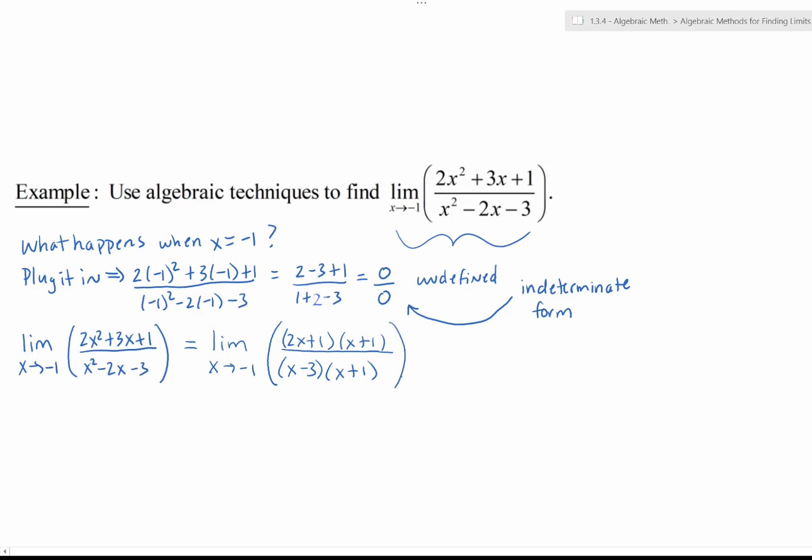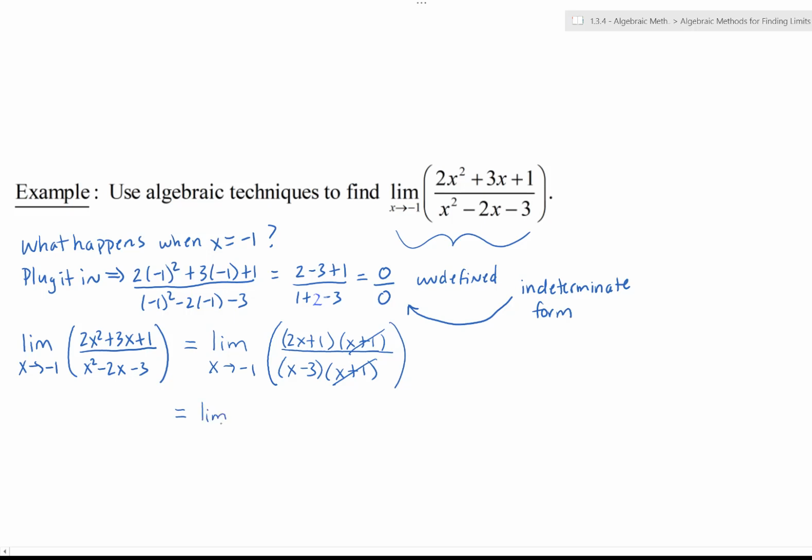So the first limit is equal to the next limit, the second one, right? Those two limits are the same. And notice that indeed the x plus 1 is a factor that is appearing in the numerator and denominator, which can be removed because, of course, since we're only taking the limit, then we don't necessarily need to be defined at x is -1, and that's what allows us to remove the common factor.